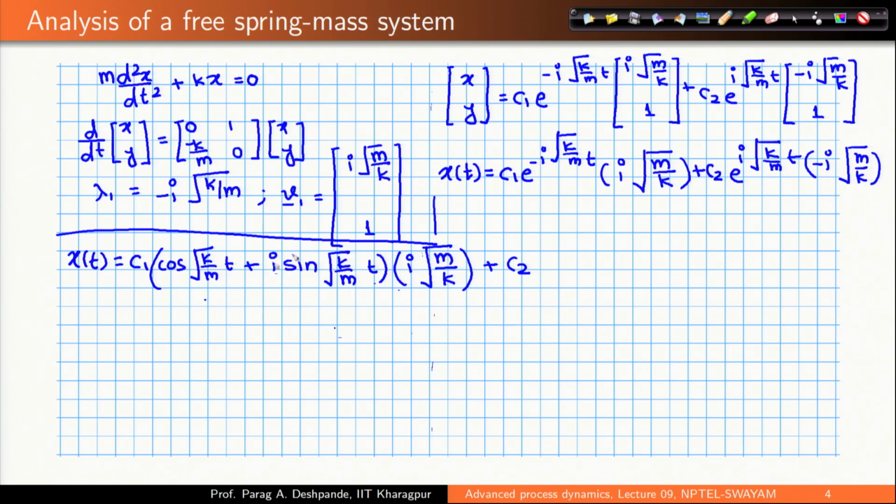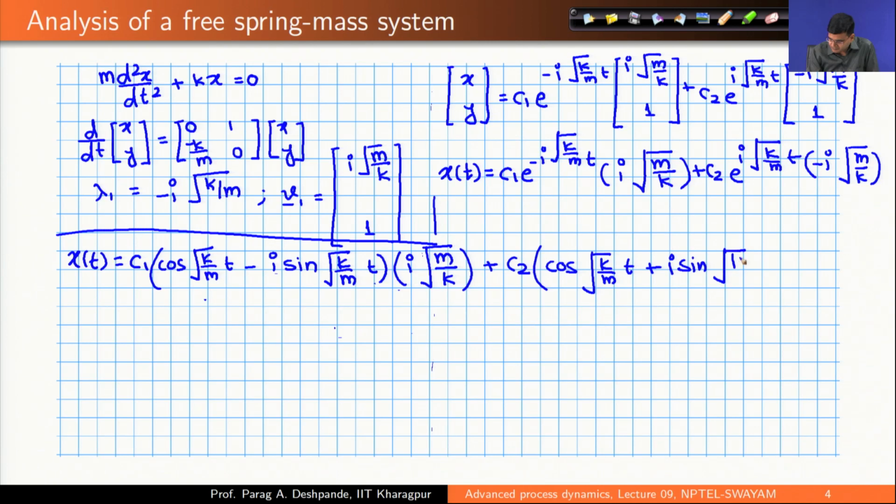Okay, there is one correction, this will be minus. So, this term would be cos root over k by m t plus i sin root over k by m t, everything multiplied by minus i root over m by k. So, this has converted my exponentials of i to sines and cosines.